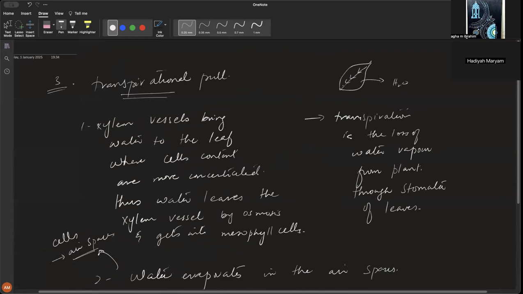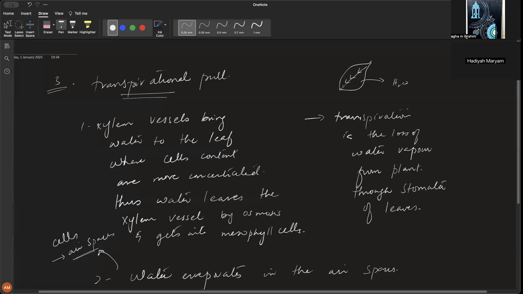So we discussed transpiration. We already know that transpiration is the loss of water vapor from the plant through stomata of the leaves, right? So how does this become a factor in the movement of water up the xylem vessel? Xylem vessels bring water to the leaf when the cell contents are more concentrated. When the cell's contents are more concentrated, water leaves the xylem vessel by osmosis and gets into the mesophyll cells.